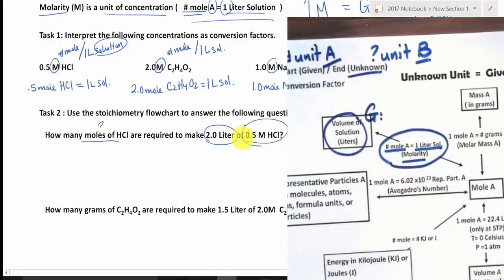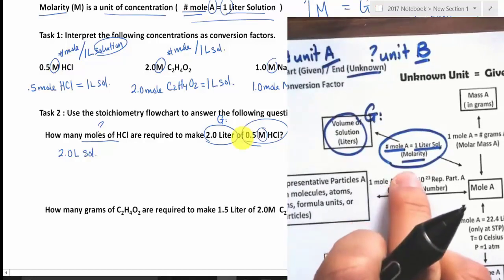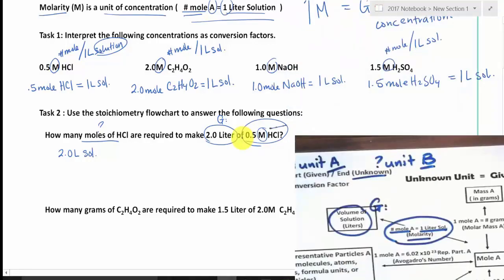So how does that work? Well, of course, this is going to be our given. So we have 2.0 liter of solution. I'm going to put the word solution there for you. And times this right here. This is our conversion factor, which is actually equal to 0.5 mole of HCl equal to 1 liter of solution.